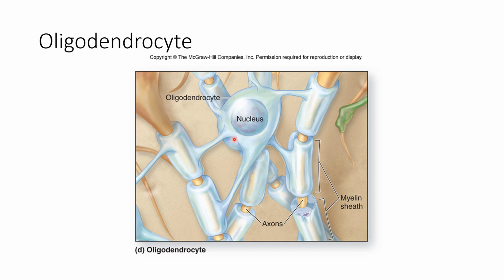They can myelinate several axons at the same time. Notice how it doesn't myelinate the whole axon. Notice how there are gaps in between the myelin sheath. Those gaps are known as the nodes of Ranvier. So these right here are the nodes of Ranvier, which are basically gaps in between the myelin that was just deposited on the axon.